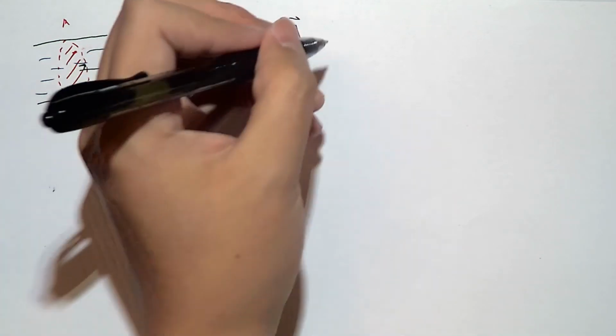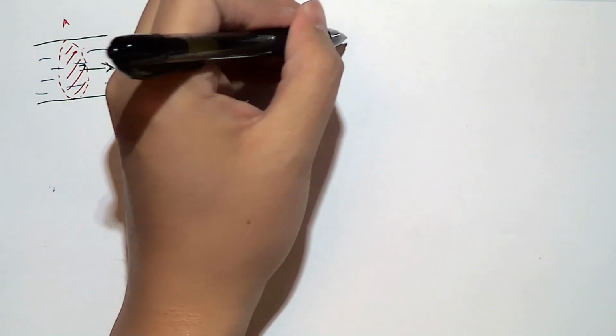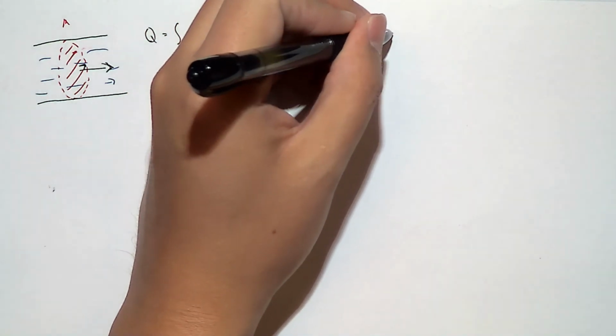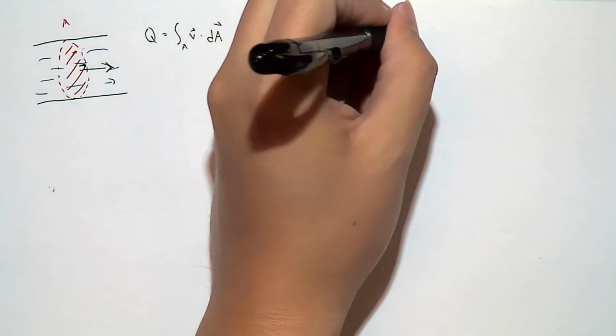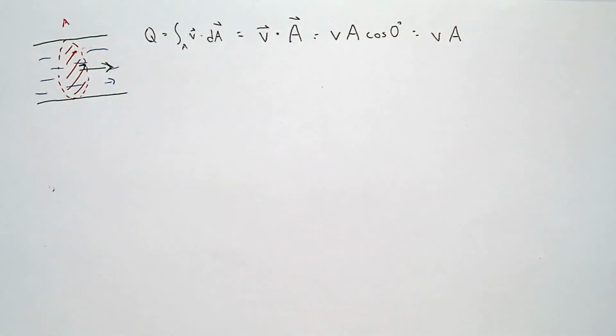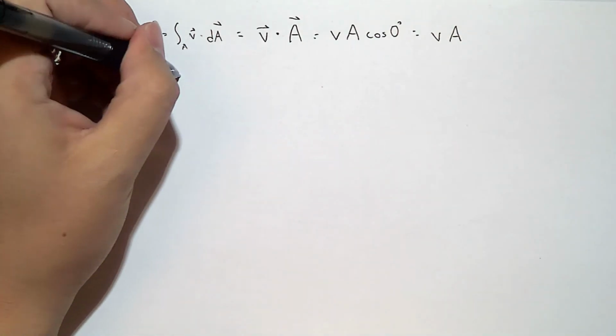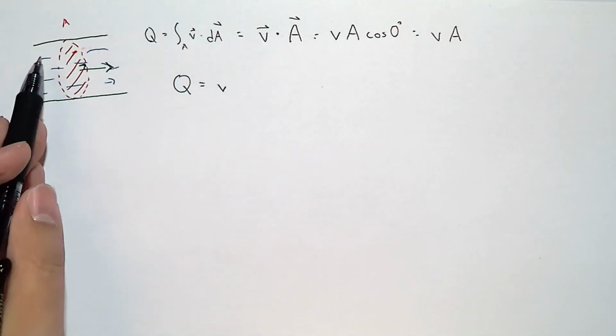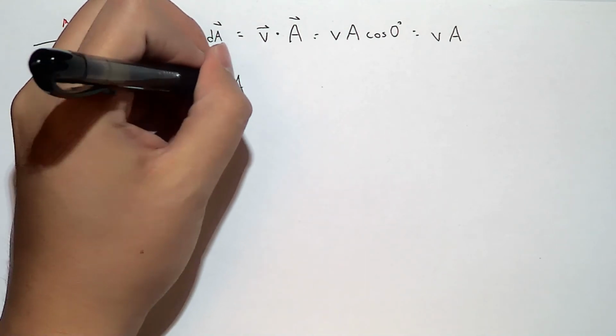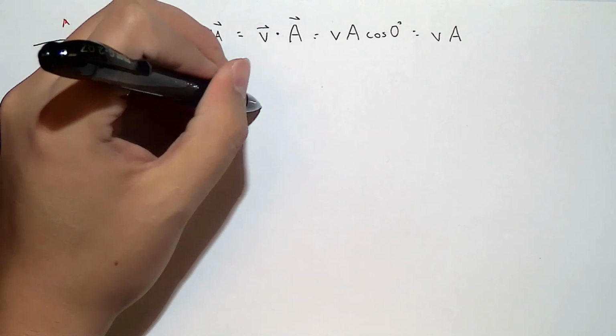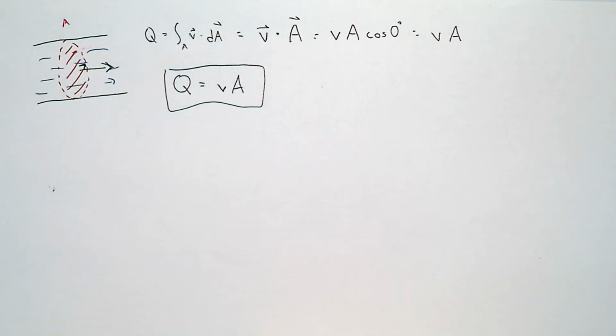So v dot A simply becomes my velocity times my area times the cosine of 0, or just v times A. So what we have here is a very simplified form of the flow rate equation, where flow rate is simply the velocity passing through an area multiplied by that area. This is a very useful simplification that you're going to use after you graduate.